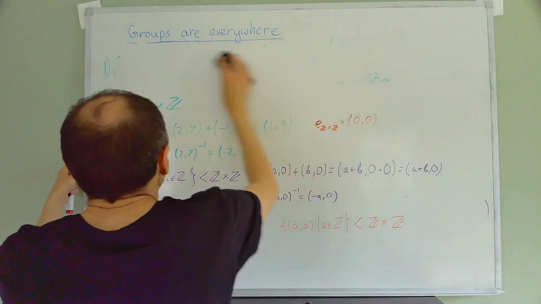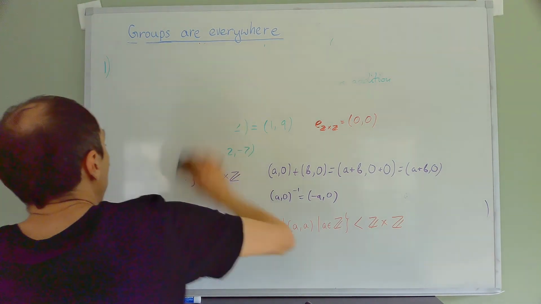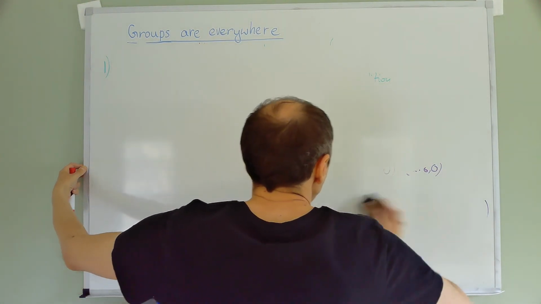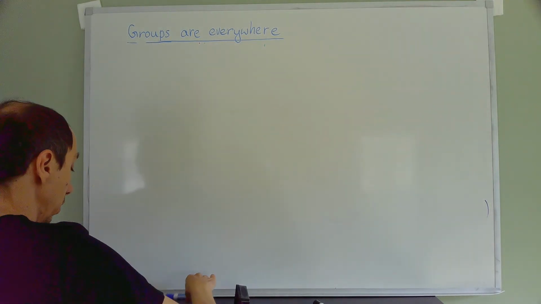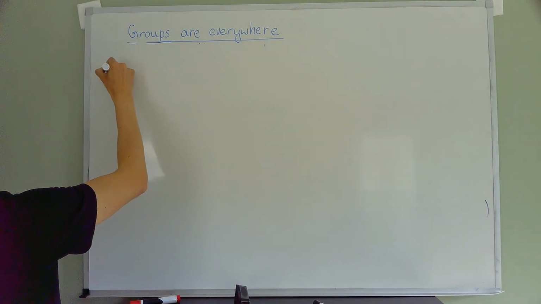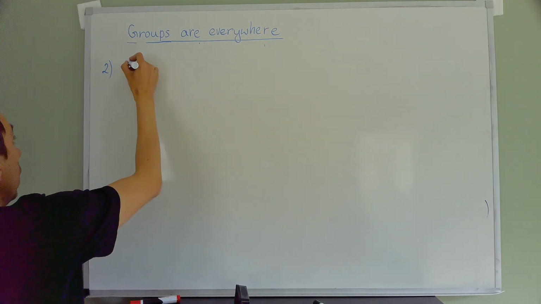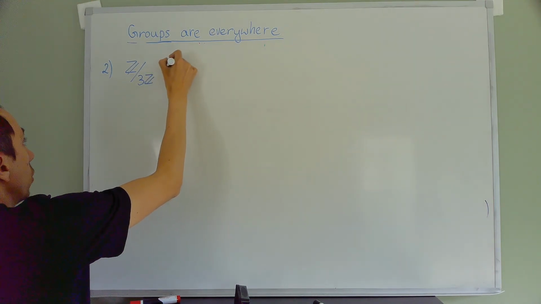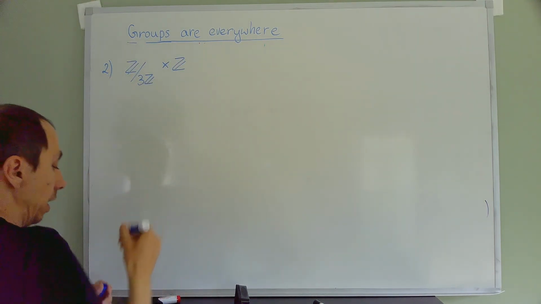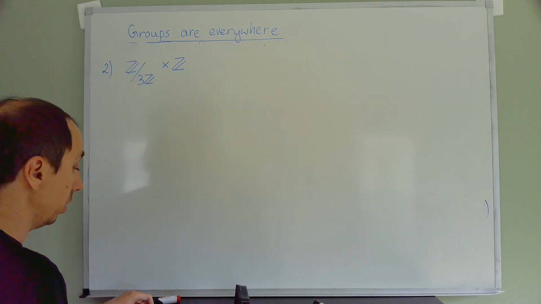Okay, let's look at some other examples. So example 2, Z mod 3Z cross Z. Okay, now I have to tell you what operation I mean here.